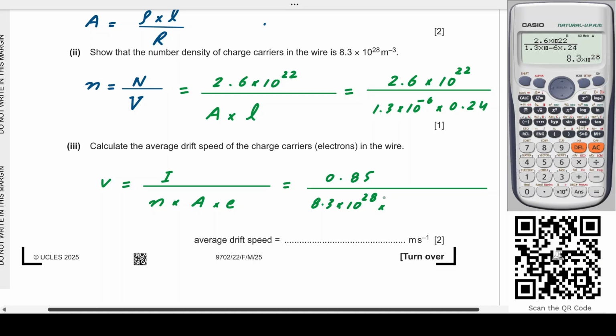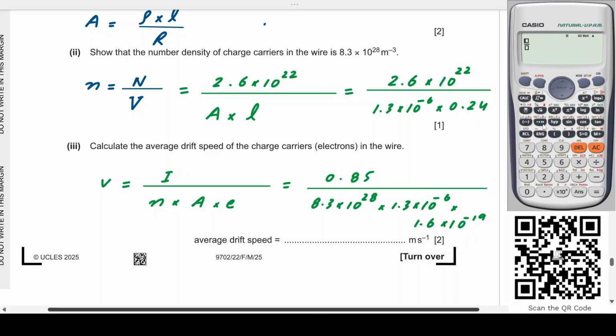Cross section area was 1.3 exponent minus 6. The value of e is 1.6 into 10 to the power minus 19.